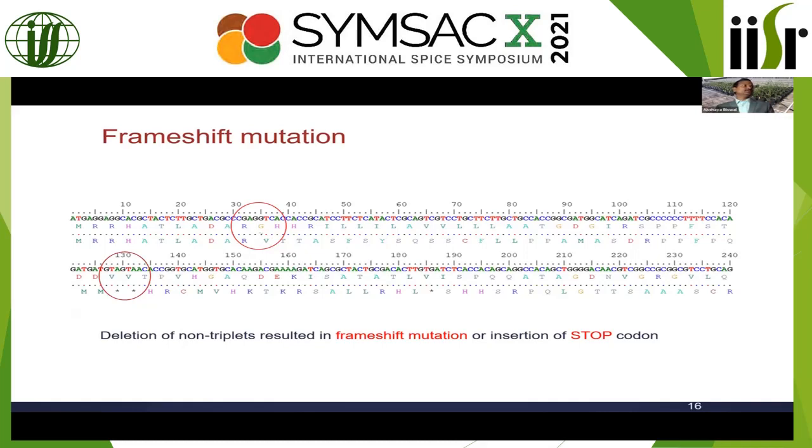But if it is non-triplet, then the whole coding sequence changes, and that's called a frame shift mutation, and the whole protein gets changed. And if you have started well in the first exon, that means you have hardly anything left from the original protein. And most importantly, you are going to get some kind of stop codon downstream of the target site.